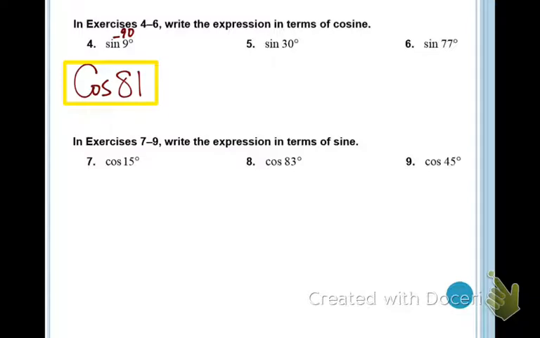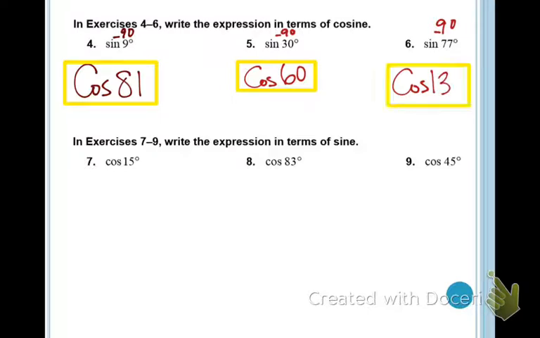The next one, sine of 30. So we're going to write cosine. 90 minus 30 is 60. Good. Cosine 90 minus 77 is 13. Write the expression in terms of sine.